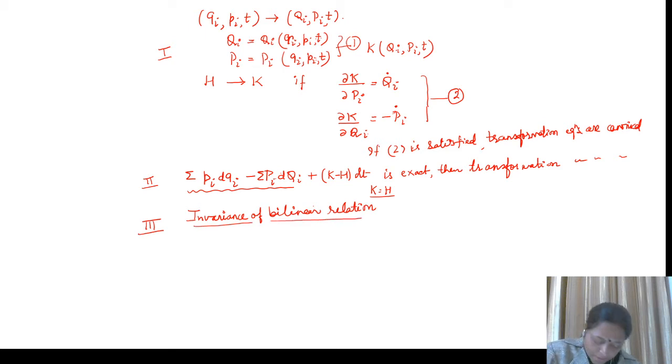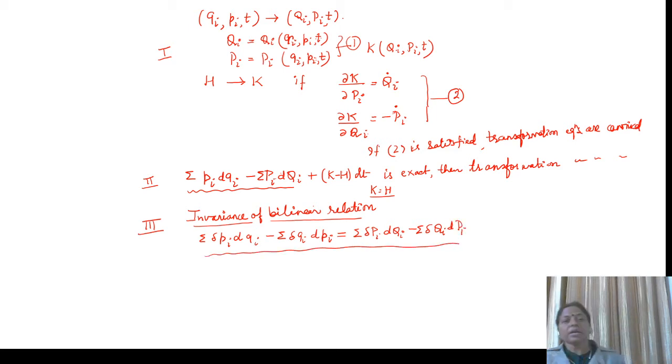That if sigma delta pi dqi minus sigma delta qi dpi, this is an expression in old coordinates, is the same for the new coordinates, that means for capital Pi and capital Qi, then we say that the transformation equations are canonical.